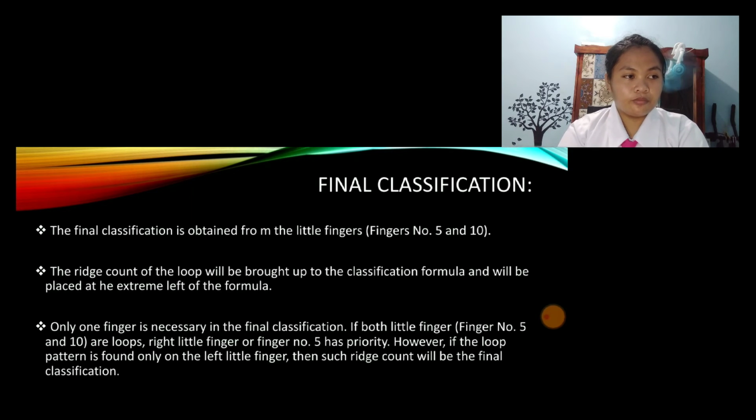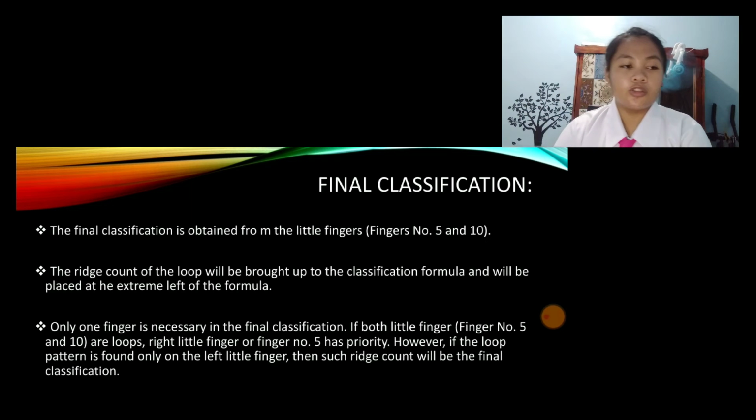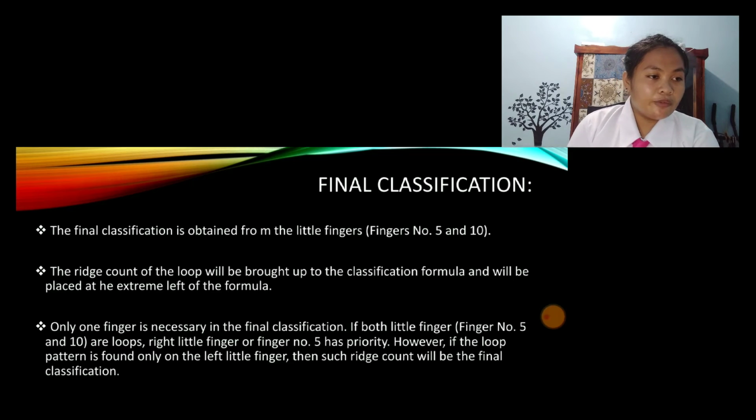So the ridge count is also like the key classification. In the final classification, the ridge count of the loop will also be brought to the classification formula. So only one finger is necessary in the classification formula.